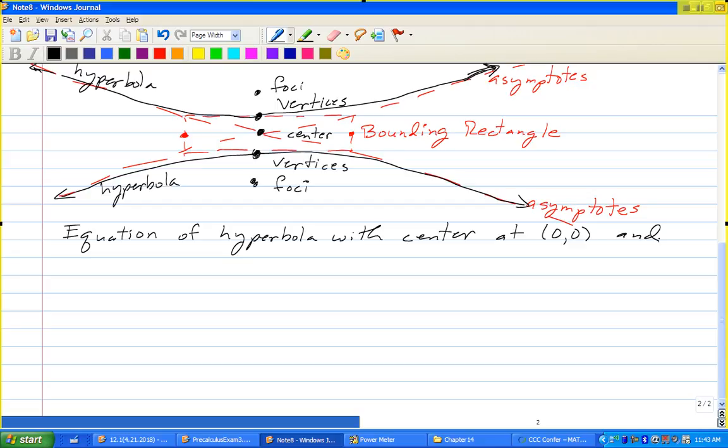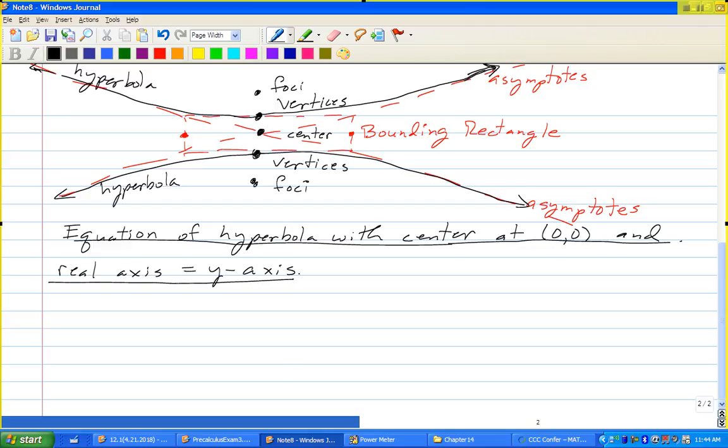And suppose that the real axis is equal to the y-axis. So let's try to find the equation of this.